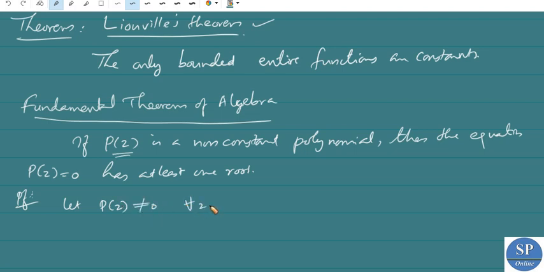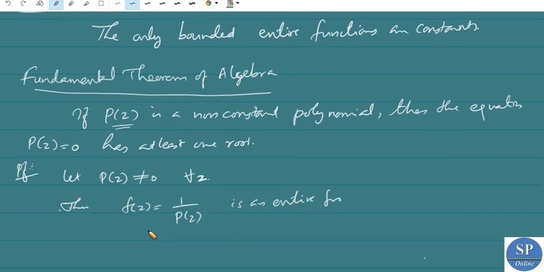Then we can define the function f of z equal to 1 by p of z. Since p of z is not equal to 0 for any z, 1 by p of z is an entire function. Therefore f of z is an entire function.